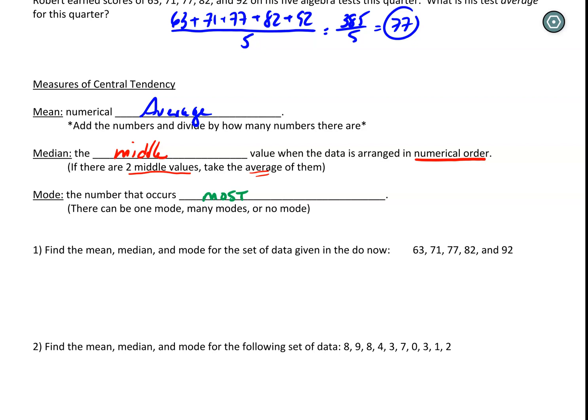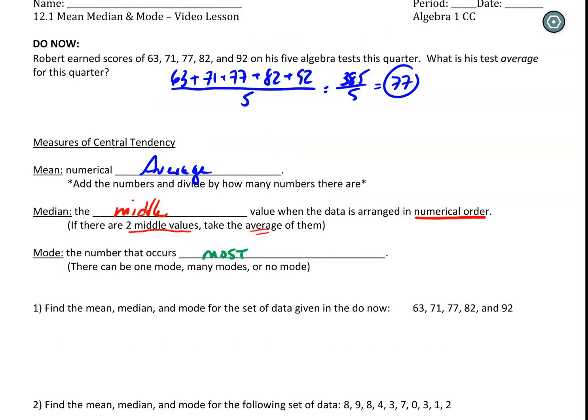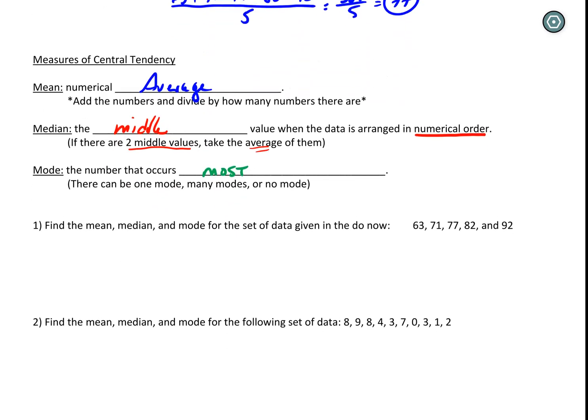If you've got multiple values that occur the same number of times, then you could have more than one mode. For example, in Robert's example, all of his test scores are different. If he had gotten, let's say, an 82 twice, then the mode would be 82, because you have 2 with the same score and nothing else would have a frequency of 2. So that's the idea.